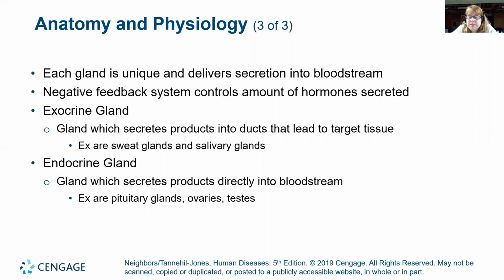You turn the thermostat, you press the buttons, and the heating system runs and runs until it gets to 70 degrees. But once it gets to 70 degrees, it stops. It sends a signal back to the heater and says, hey, stop. And then every couple hours it says, hey, turn on so we can maintain, okay? So in that negative feedback system, when things get to a certain point, you stop secreting.